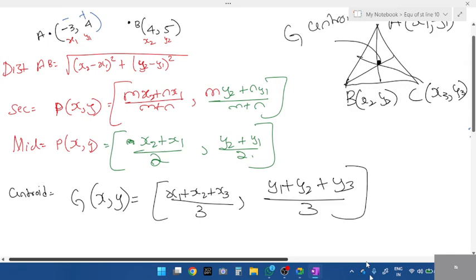Is it clear, students? Section, midpoint, centroid. I gave an example of distance, section, midpoint, centroid. Quickly make a note of this.